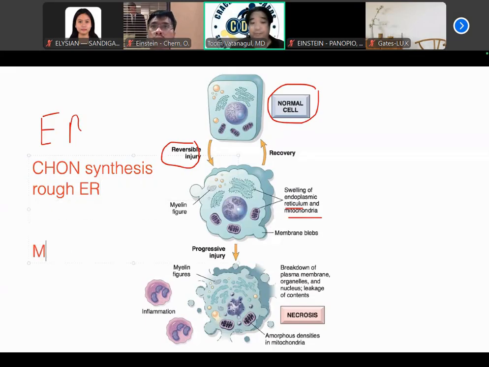The mitochondria is the powerhouse. That is where ATP and oxidative phosphorylation occurs. Then we have the formation of myelin figures. We have membrane blebs.